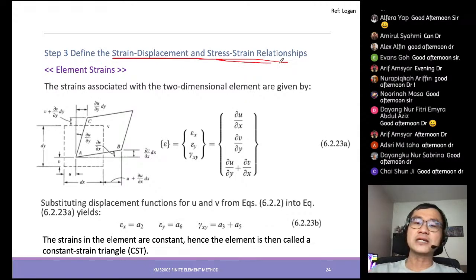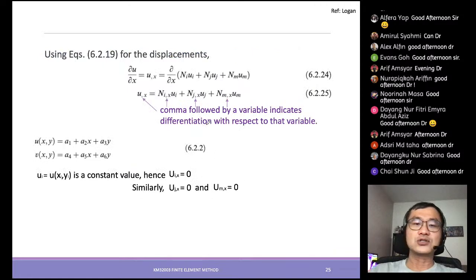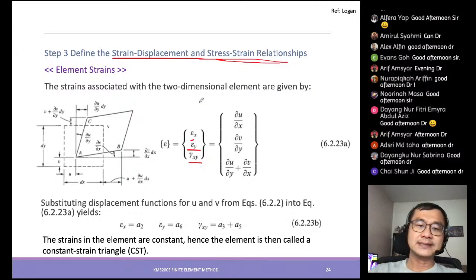For the stress-strain relationship, we just apply back the equations that we mentioned previously, the general equations for the strain and the stress that relate to the type of problem we want to solve. So let's take this part again.